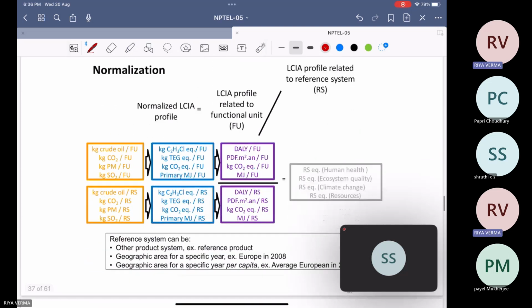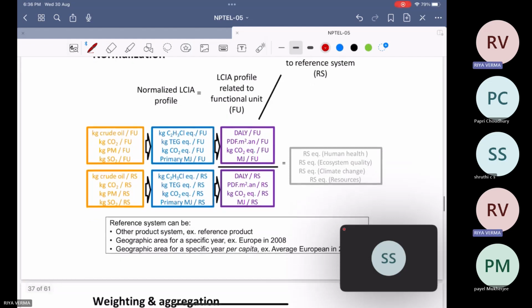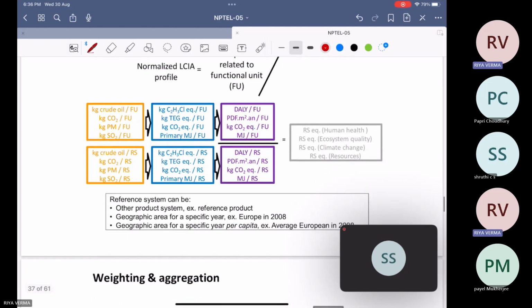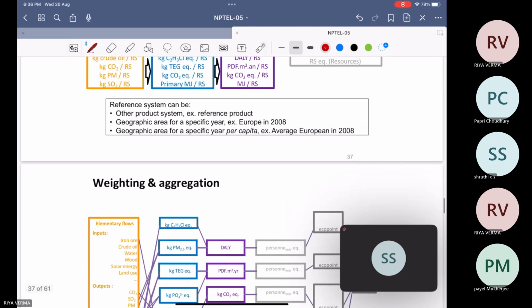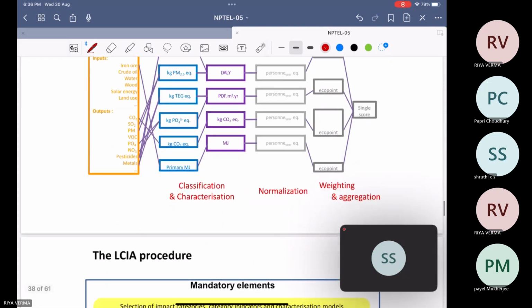Then we have the normalization process, where we normalize the LCI profile related to the functional unit, and we can use different reference systems for that. For example, another product system, the geographic area for a specific year, or per capita information. Then we can perform some weighing and aggregation processes.